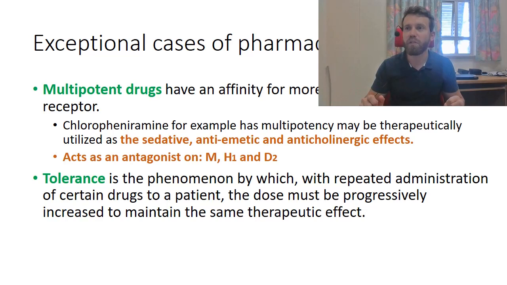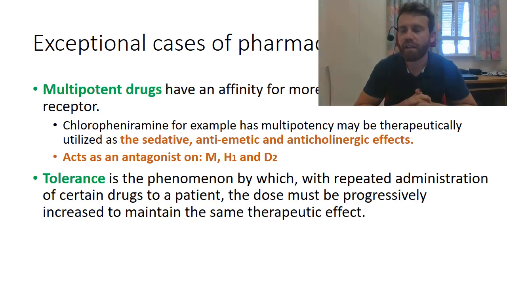Then we have things called multipotent drugs. Sounds crazy, sounds difficult, not difficult. It just means that this is a drug that can interact with more than just one receptor. A nice example here is the antihistamines again. Antihistamines can act on muscarinic receptors, histamine receptors, and dopamine receptors. Do I want you to know much more about that?